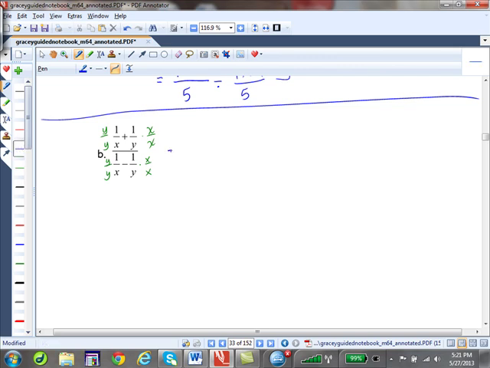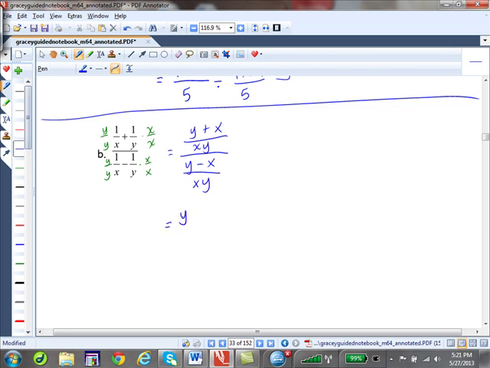So we'll end up with y times 1 is y, 1 times x is x, so we'll have y plus x, and I'm just going to write it as x times y instead of y times x. And then we'll get y minus x over x times y.